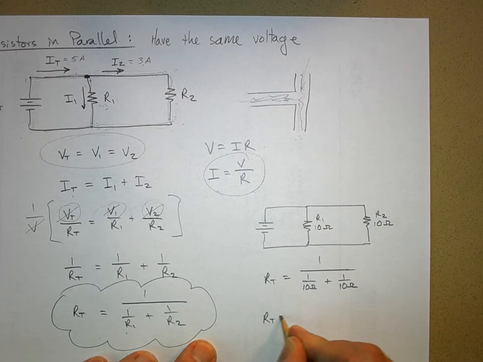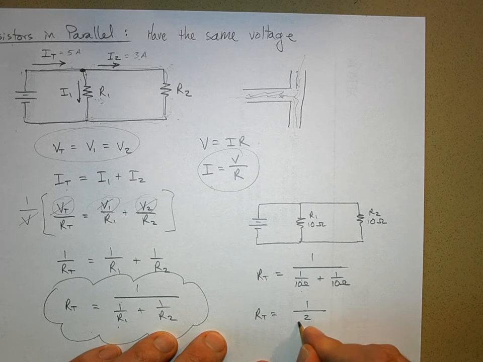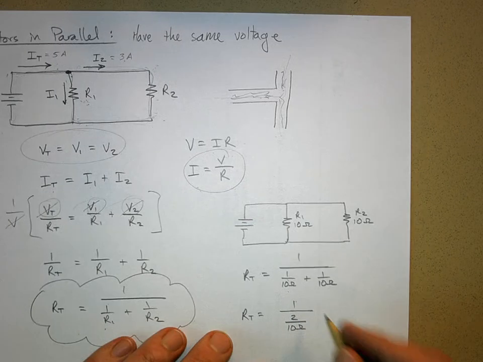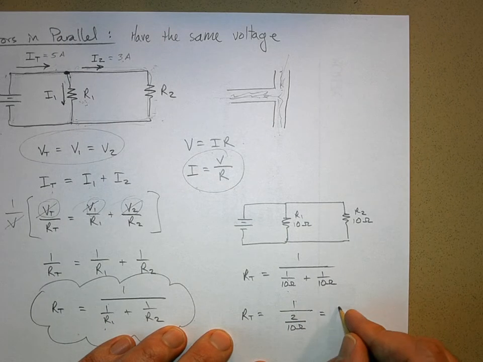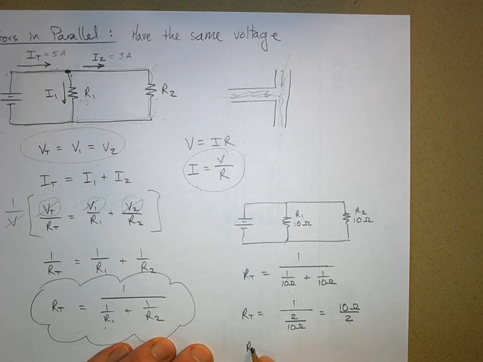The total resistance is equal to, well, let's combine these. 1 over, what's 1/10 plus 1/10? 2/10. 2 over 10 ohms. Now this is a compound fraction, so I'm going to reciprocate and multiply 1 times 10 over 2. That's going to be 10 ohms over 2. What is 10 divided by 2? 5 ohms.